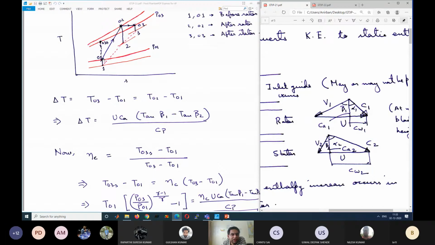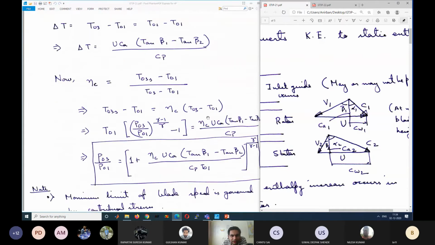So if you combine both rotor and stator, the actual process is from 01 to 03, but the ideal process is from 01 to 03S. The only thing that has changed is that instead of just drawing the line straight from 01 to 03, we are dividing it into two steps, but the overall goes from 01 to 03.